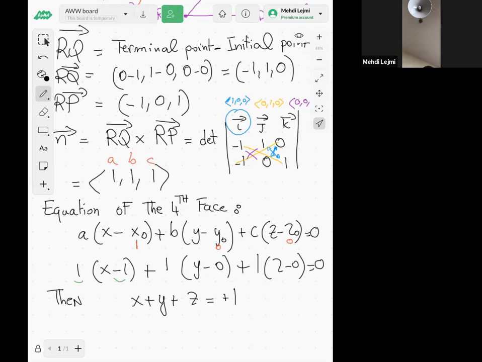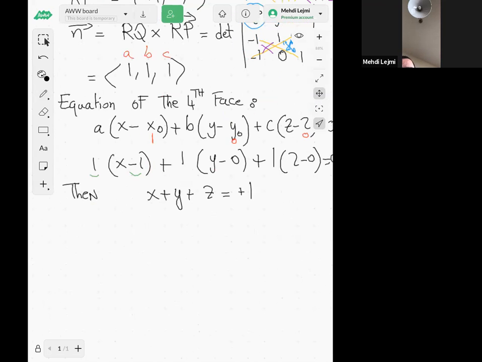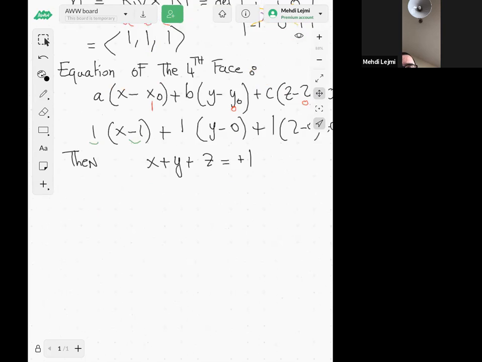All right. Any questions, guys, about the equation of this plane? Nope. Okay, perfect.